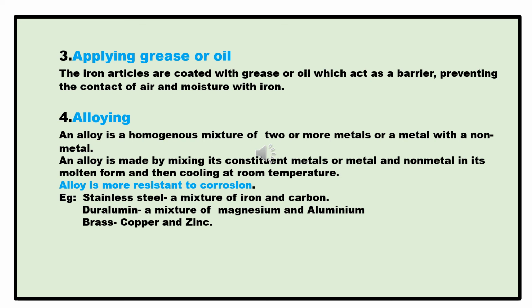A commonly used alloy in our houses is brass. Brass, the deepa that we use in our houses, is formed of brass. It is an alloy of copper and zinc. So, what is the advantage of alloys? Alloys are more resistant to corrosion or rusting.